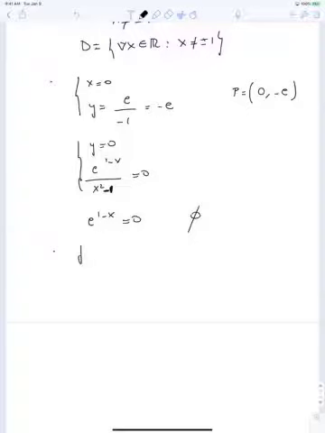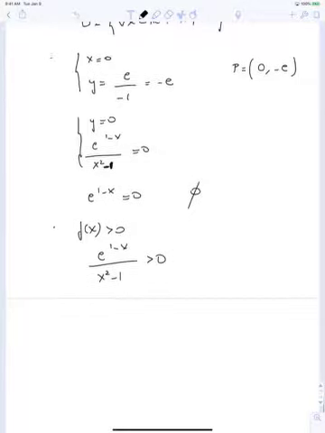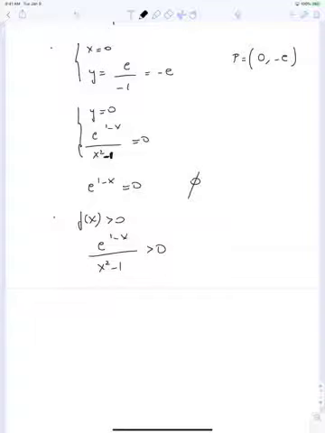So what we're going to do is study f of x greater than 0, which means that we have to study e power 1 minus x divided by x squared minus 1 greater than 0. Sorry, I said something wrong here.